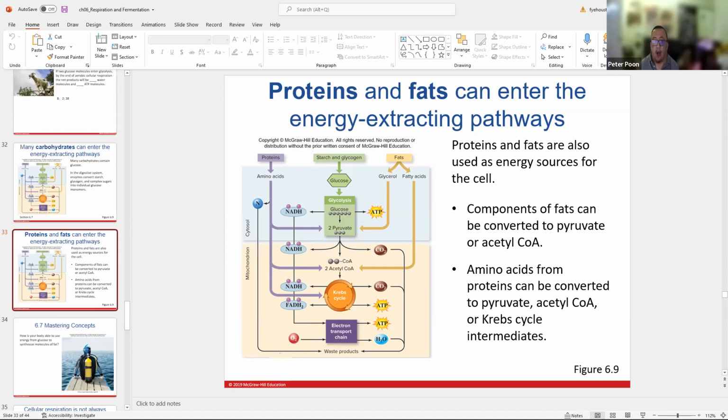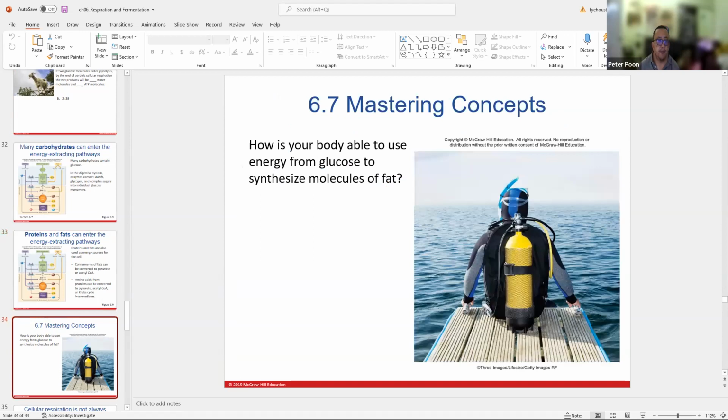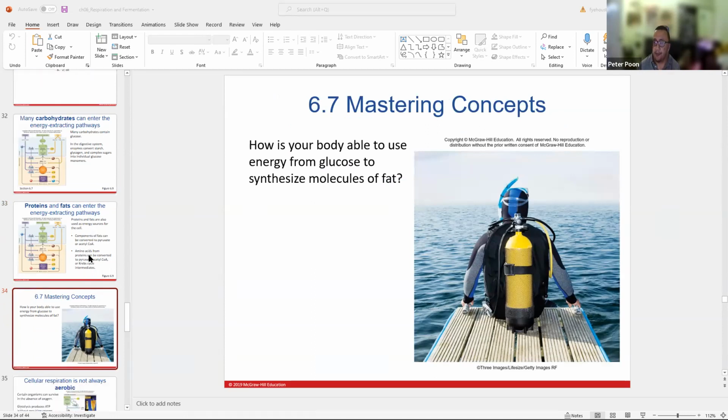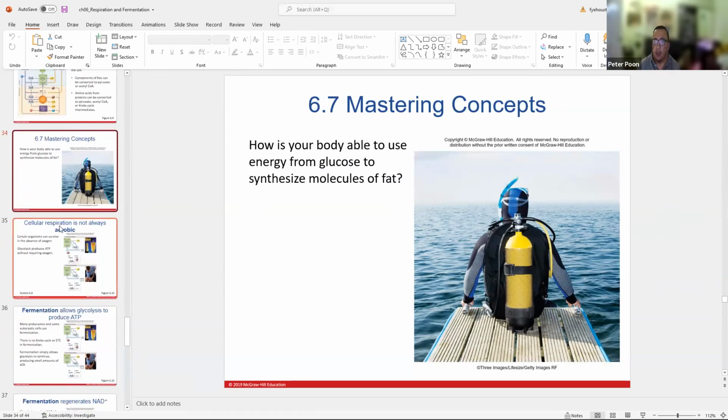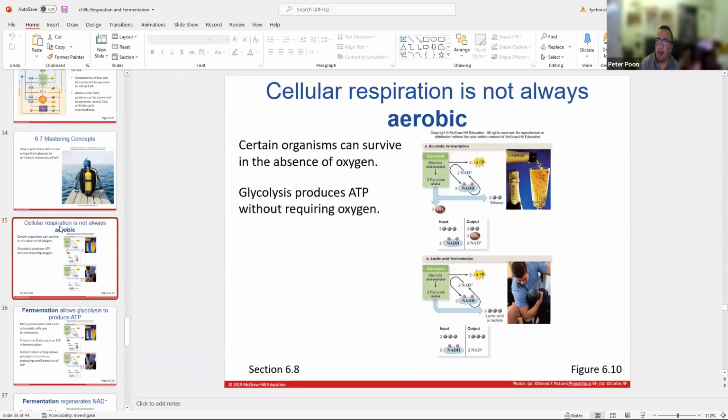Okay, so the last part of this presentation is anaerobic respiration. Certain organisms can survive in the absence of oxygen.